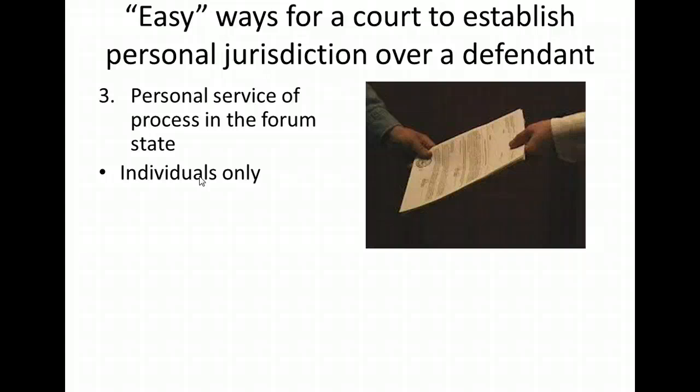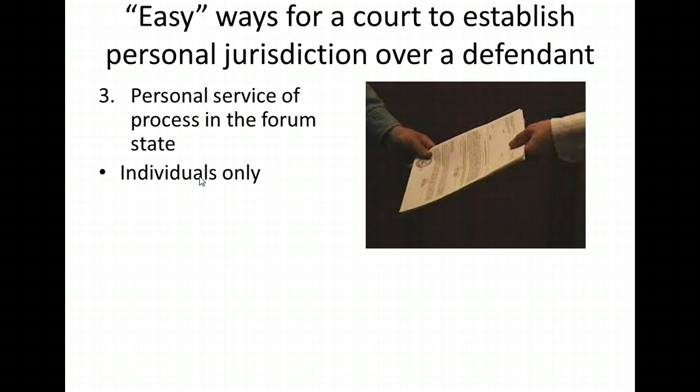You may recall when we talked about International Shoe that one of International Shoe's salespeople who worked in the state of Washington was personally served with the complaint in that case. And I asked, why isn't that enough for the state of Washington to be able to exercise personal jurisdiction over International Shoe?